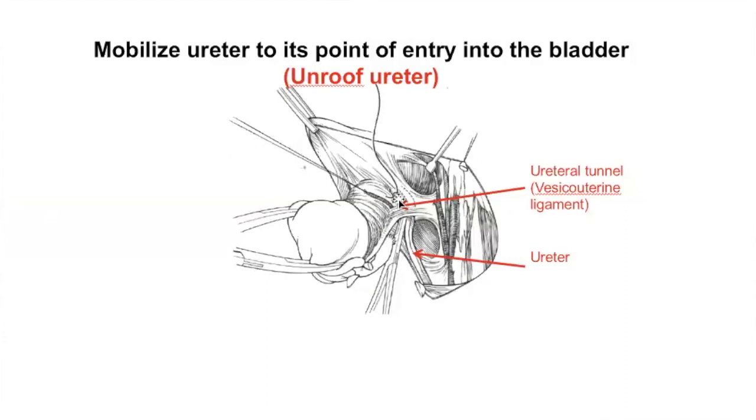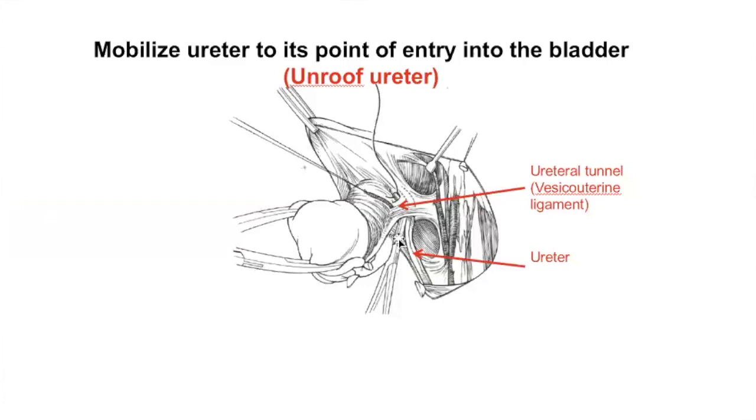The ureter is further unroofed by placing a right angle clamp, 90 degrees, along the superior medial border or surface of the ureter, and underneath this vesical uterine ligament. Getting into the correct plane is crucial to avoid damaging the ureter.